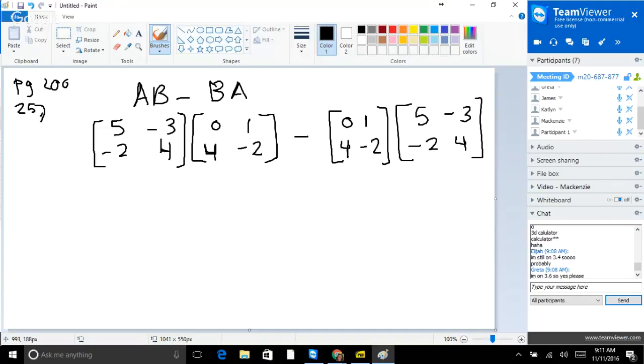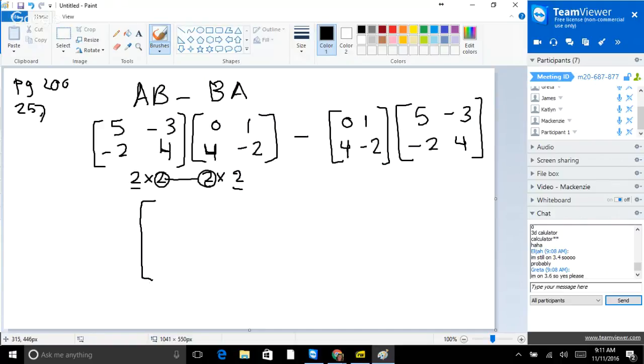And this is what you'll be doing in the earlier part of the section: multiplying. First, can these be multiplied? This is a 2 by 2 matrix and a 2 by 2 matrix. Since the number of columns in the first matches the rows in the second, we can multiply and we'll end up with another 2 by 2 matrix.